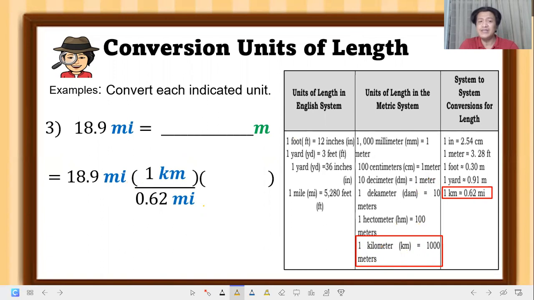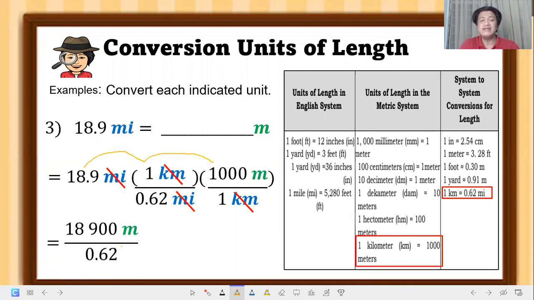But take note, yung unit sa denominator, yung miles, parehas dito sa given para makancel. And also yung kilometer, kailangan same dun sa numerator para makancel siya. So, and then you can now cancel the same unit miles or mi, also yung kilometer that is cancelled. And then you can now multiply 18.9 times 1, 18.9 pa rin yan, times 1,000, that is equal to 18,900.